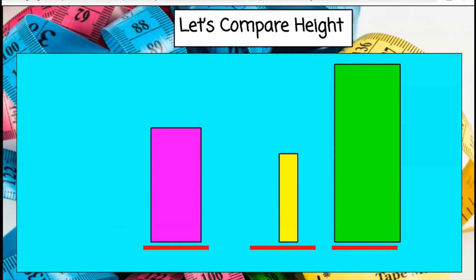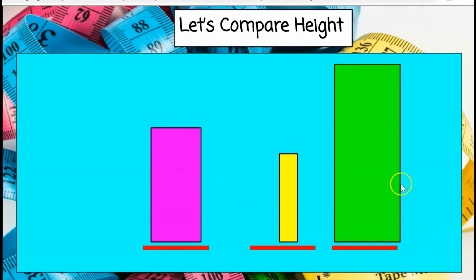Throw another rectangle in. In a moment, your teacher is going to pause the video and you are going to compare the yellow rectangle to the pink and the green rectangle. So you're going to decide, is the yellow shorter than or taller than? You're going to use the sentence frame, the yellow rectangle is blank to the pink and green rectangle. These rectangles are lined up all on the same endpoint.